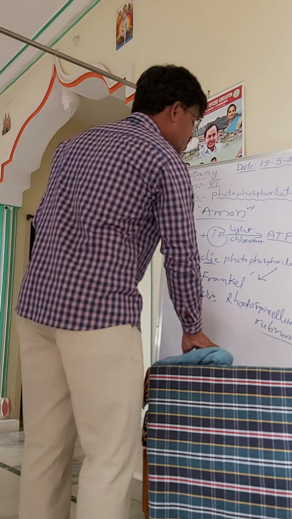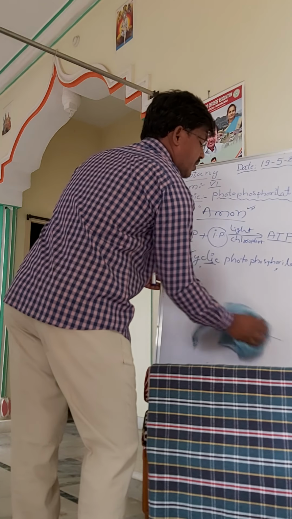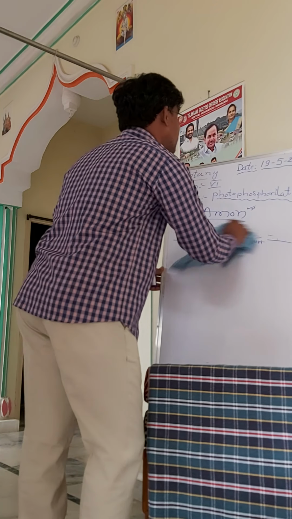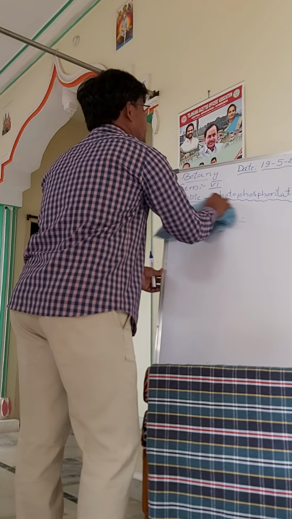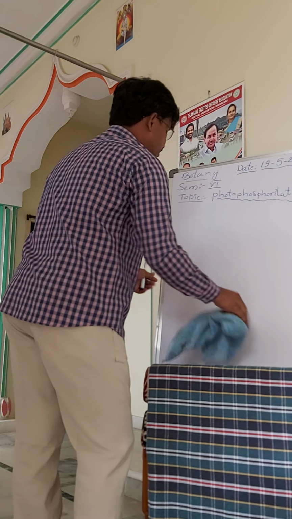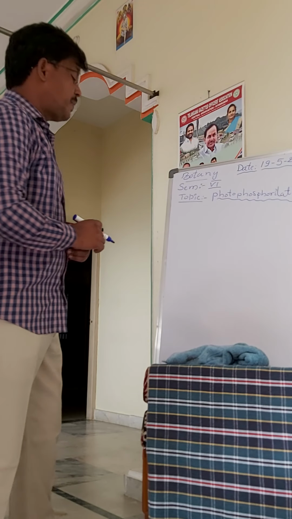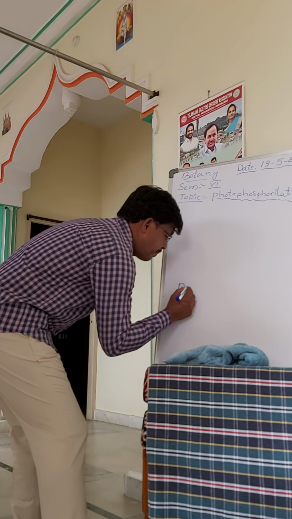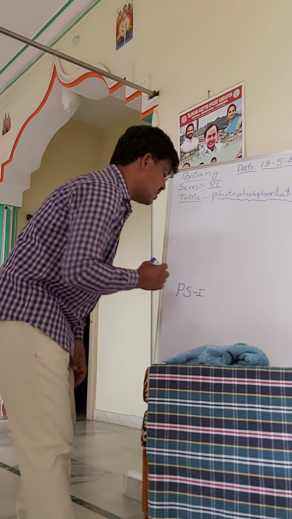Now I am going to draw the cyclic photophosphorylation pathway. PS1 means photosystem 1.